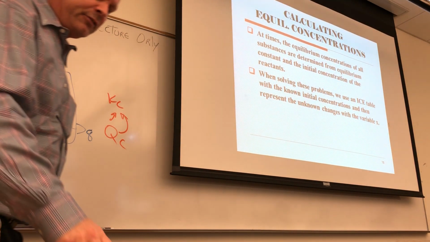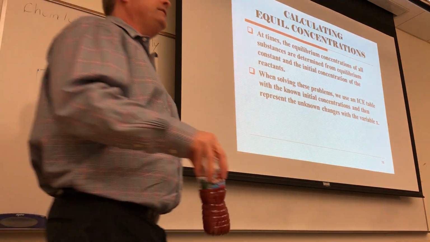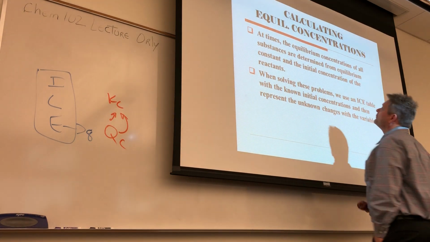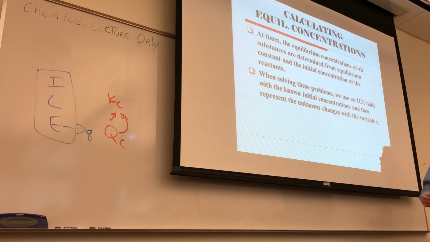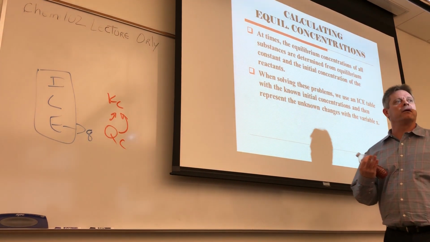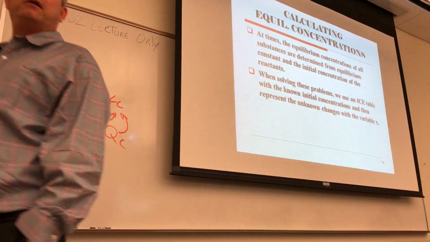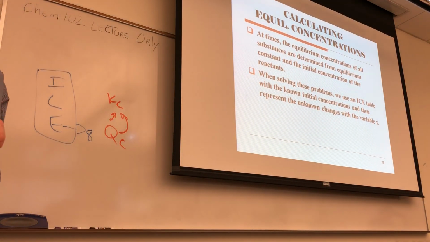We're now going to expand our knowledge of ICE and how to use it. We can now figure out some of our equilibrium constants even when part of it is not known.